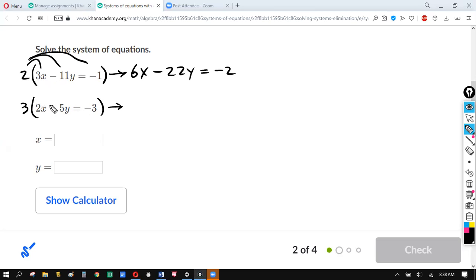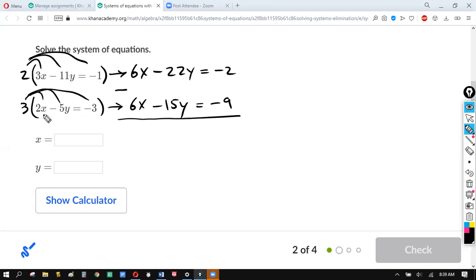Always distribute the number because you have to do the same thing to both sides of the equal sign. 3 times 2x is 6x. 3 times negative 5 is negative 15y. And 3 times negative 3 equals negative 9. Because I have 6x and 6x both positive, I am going to subtract these two equations. And of course I could have done negative 3 here and gotten negative 6x. Maybe that would have been easier.